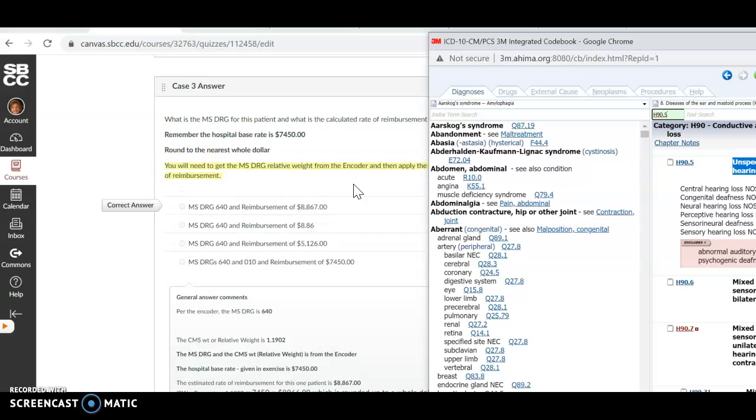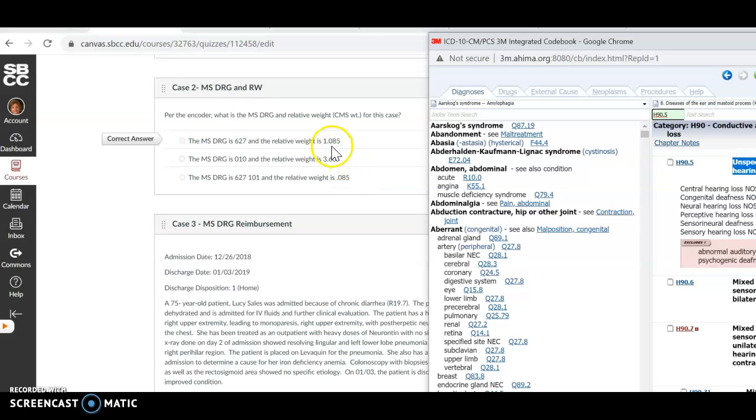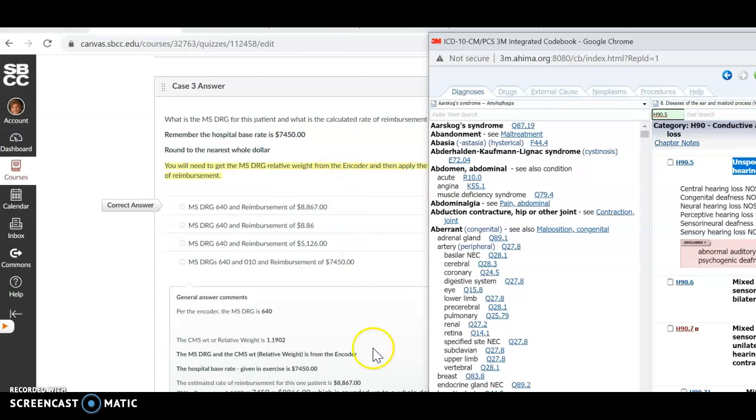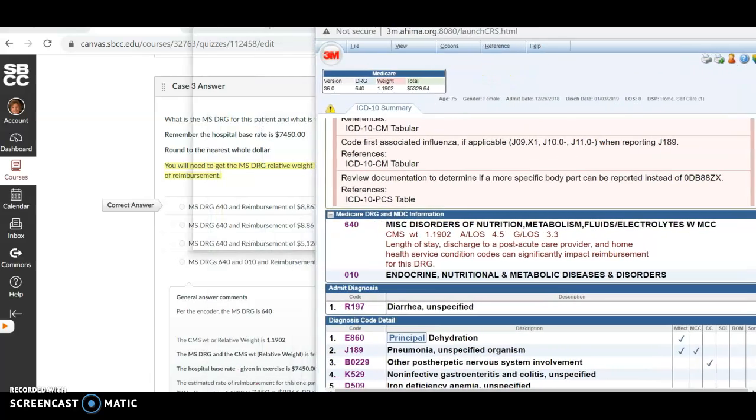And let's get down here to the DRG. Students did well. They picked out the DRG, but let's go down to this one here. Let me pull up what I have. I went ahead and put all the information in.